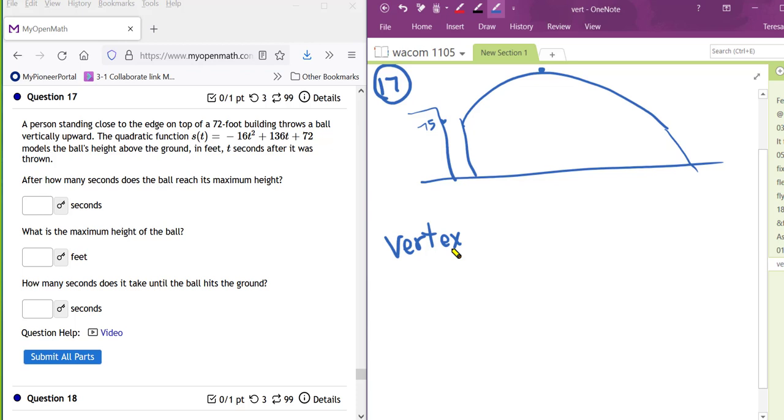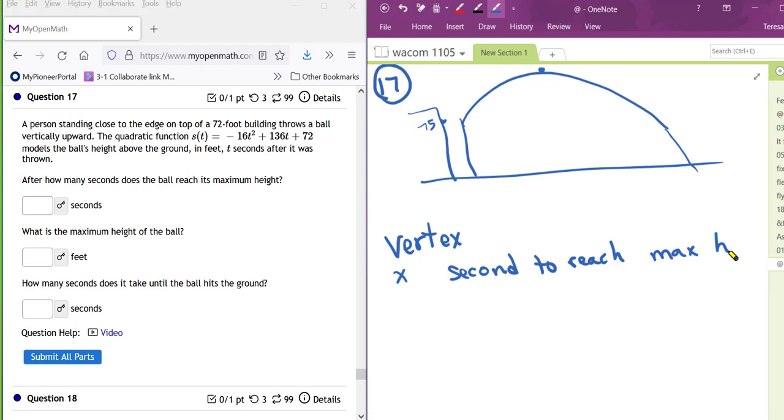After how many seconds, that's the x-coordinate of the vertex. So part A is going to be the x-coordinate of the vertex is the seconds. Right?